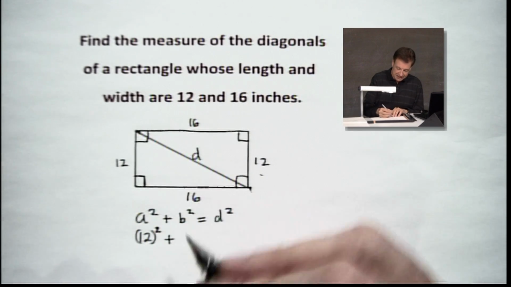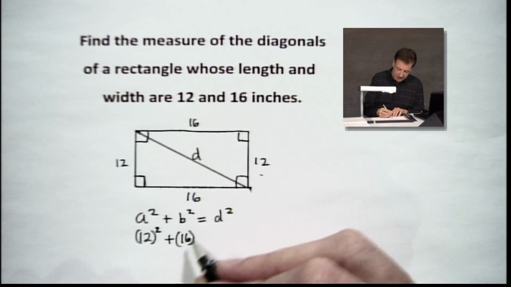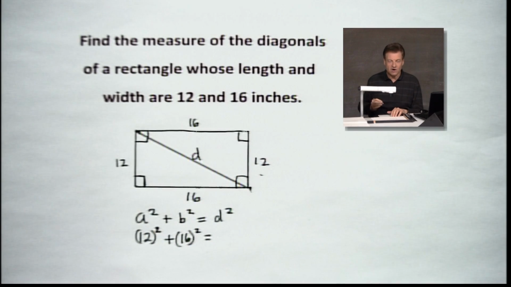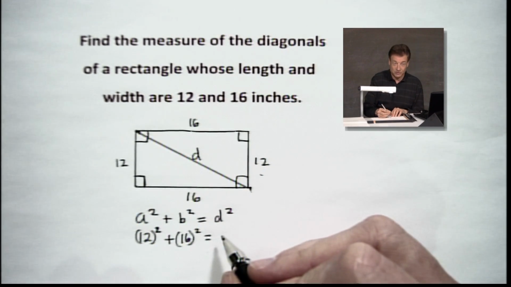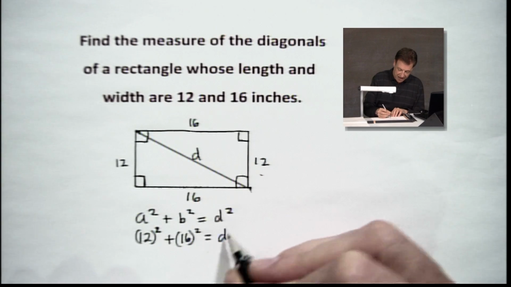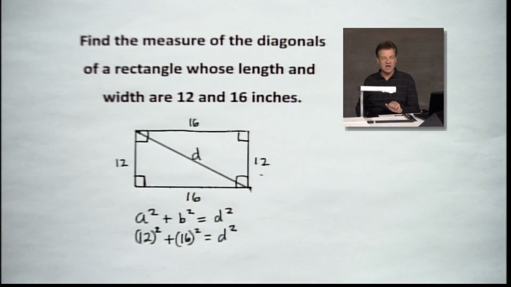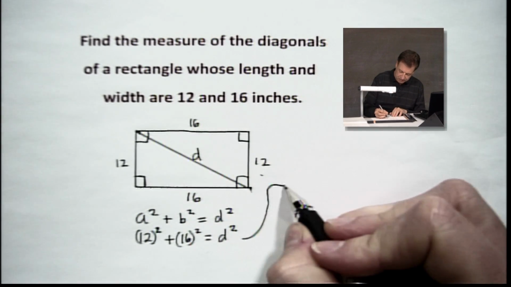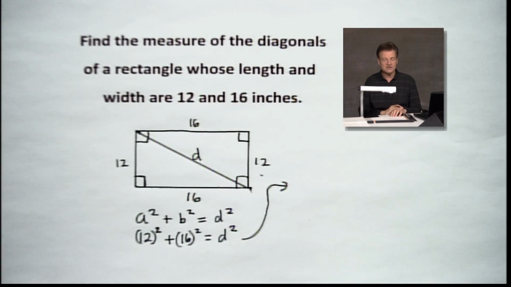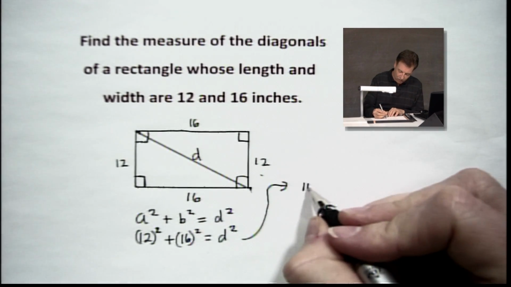Now, 16 squared. My goodness, we'll figure that one out. Hopefully you know that on the tip of your tongue also. Perfect squares are nice to know, at least up through 20 squared, I think. And then we've got d squared going along here with us. So let's do some squaring. 12 squared, 12 times 12, times tables, yes, 144.